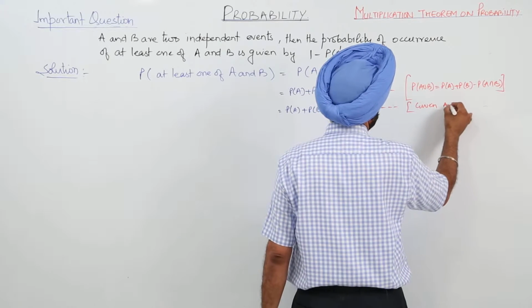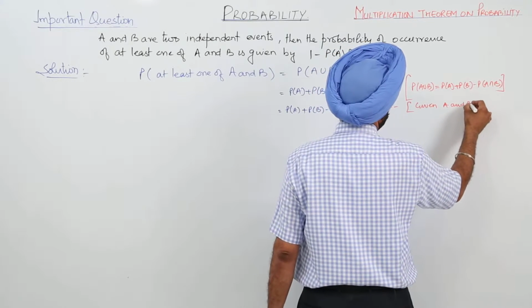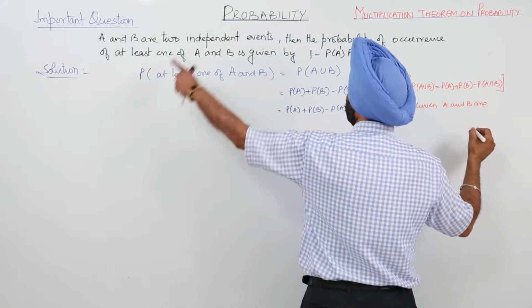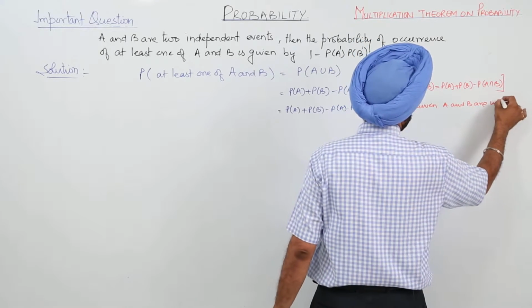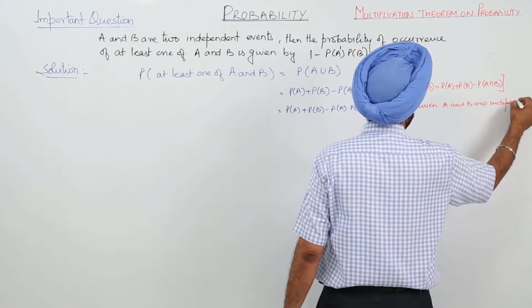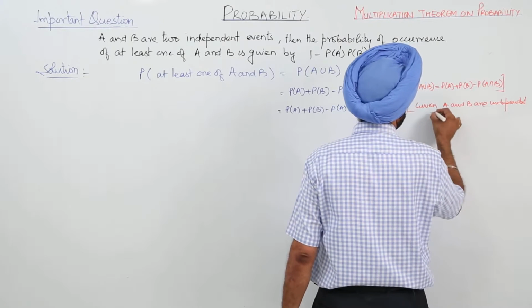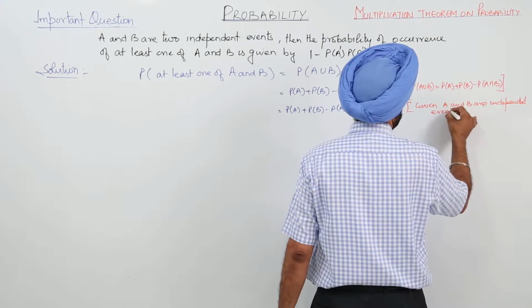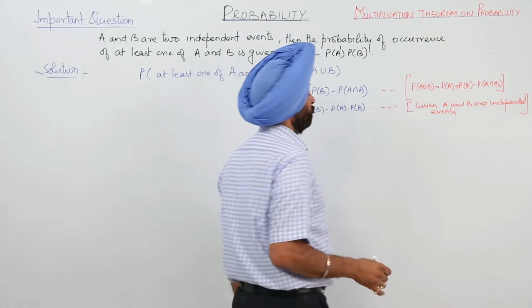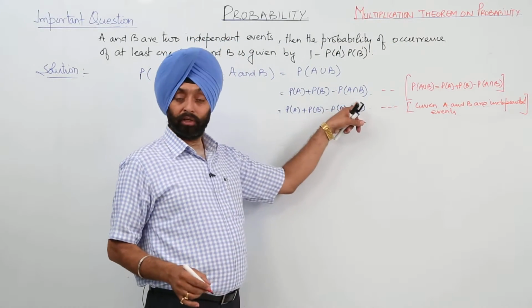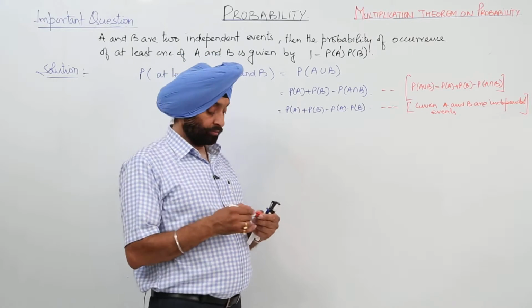Given A and B are independent events. Therefore, we can write it P(A and B) is P(A) times P(B).